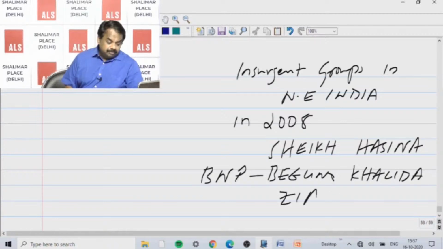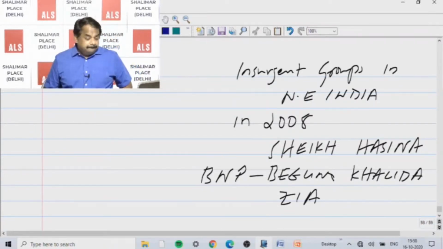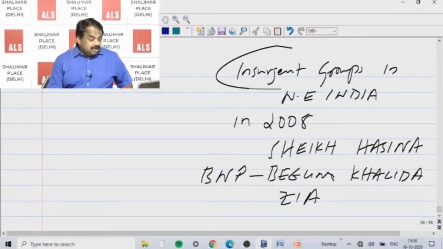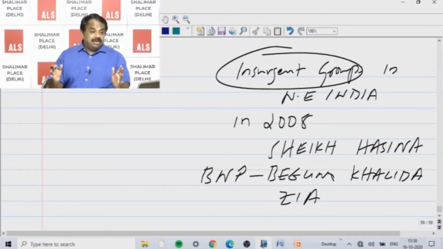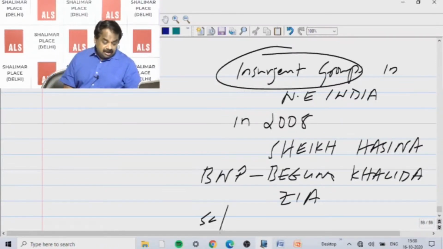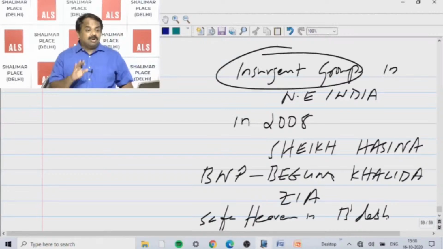During that time, many of these insurgent groups, even those in armed rebellion against India, had a safe haven in Bangladesh. So a friendly relation with Bangladesh can always help, and now things have been brought under control, even ULFA.